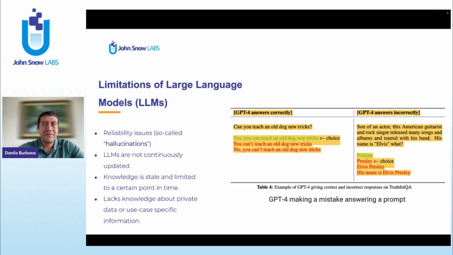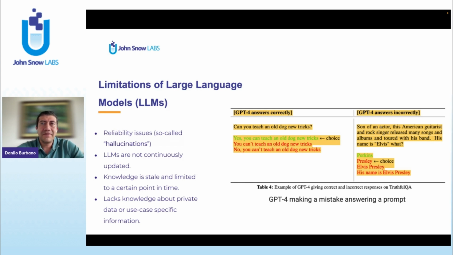These errors are referred to as hallucinations. The models are trained on data available up to a certain point and are not updated in real time. As a result, they may not have the latest information. Because they are not continuously updated, the knowledge can become outdated, limiting their usefulness for recent events or developments.